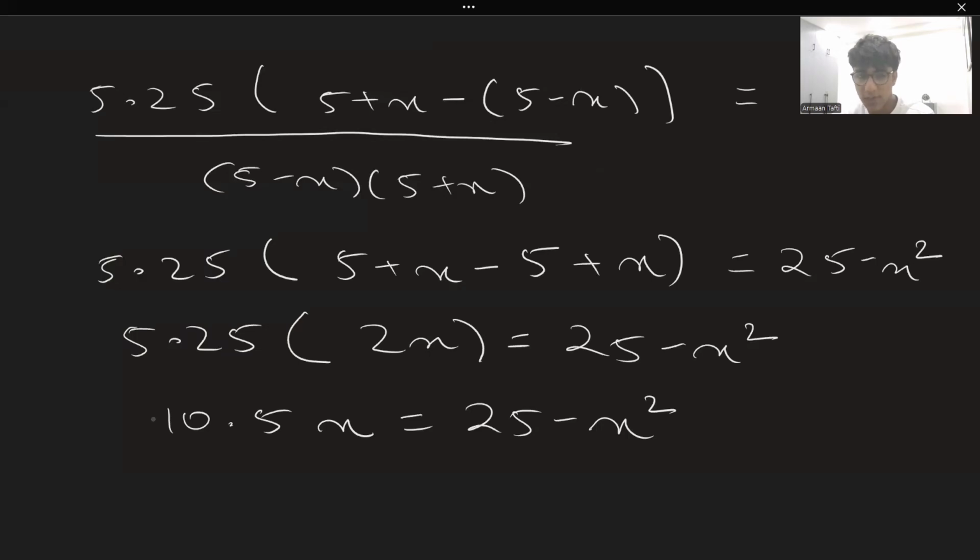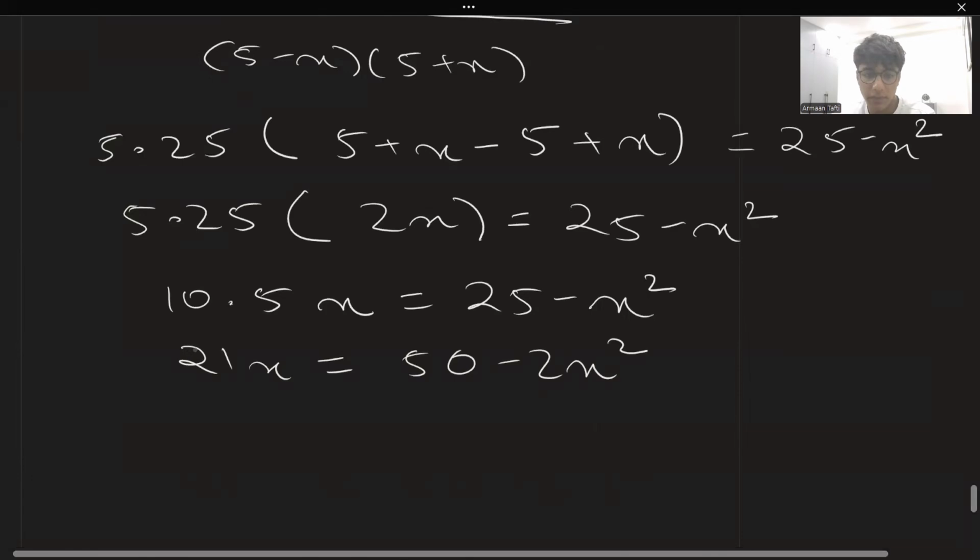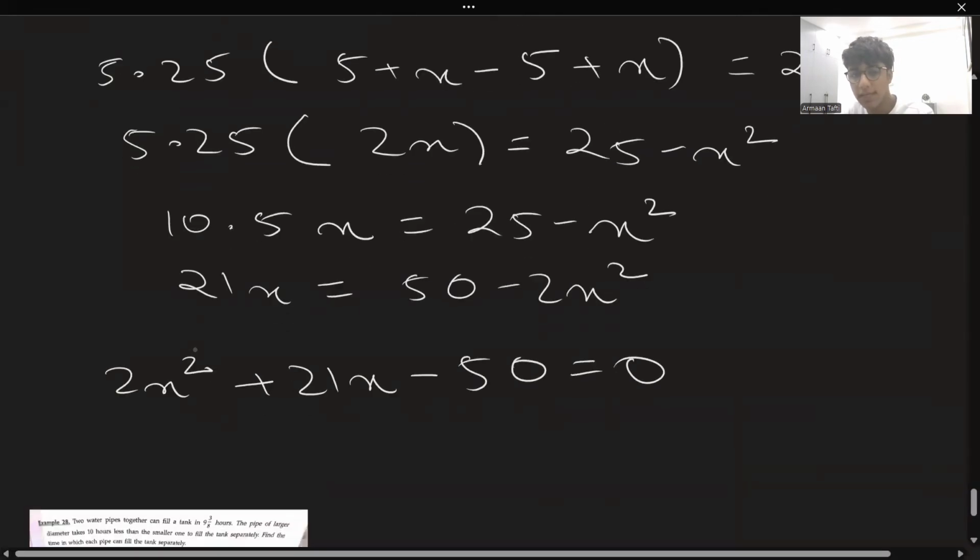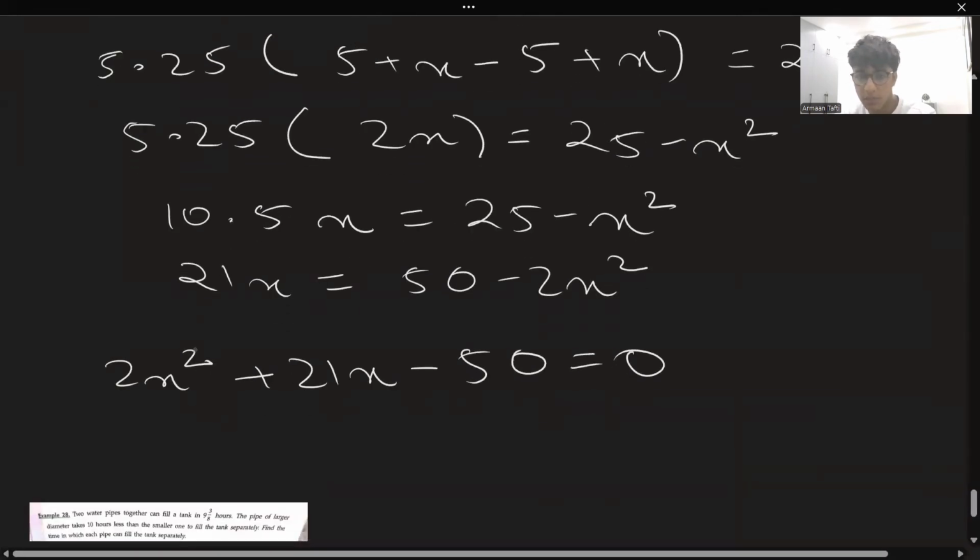If you want, multiply the entire equation by 2 so you don't have any decimal points. It's easier for calculation. So that's 21x equals 50 minus 2x square, right? Now let's get this in the form we want it to be. So that's 2x square plus 21x minus 50 is equal to 0. So how do we split 21 to get 100 somehow?